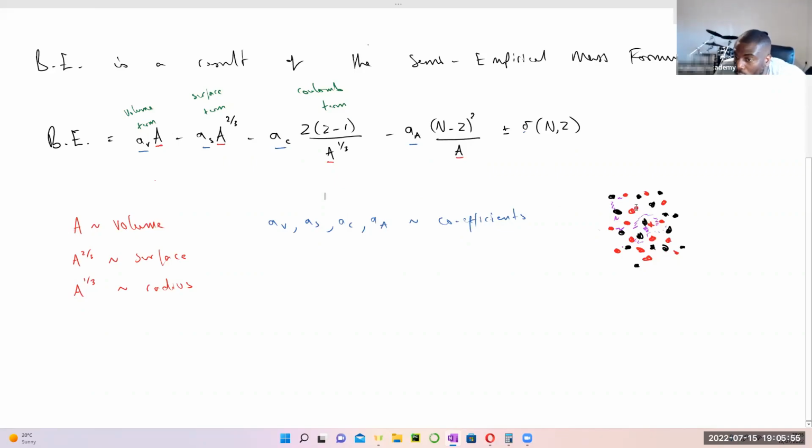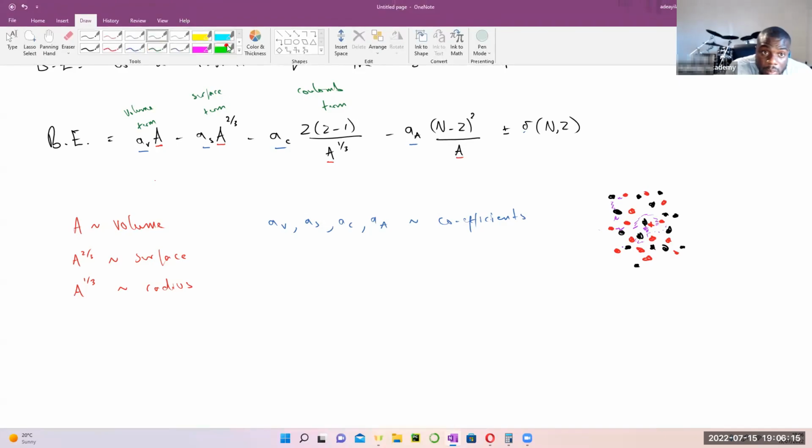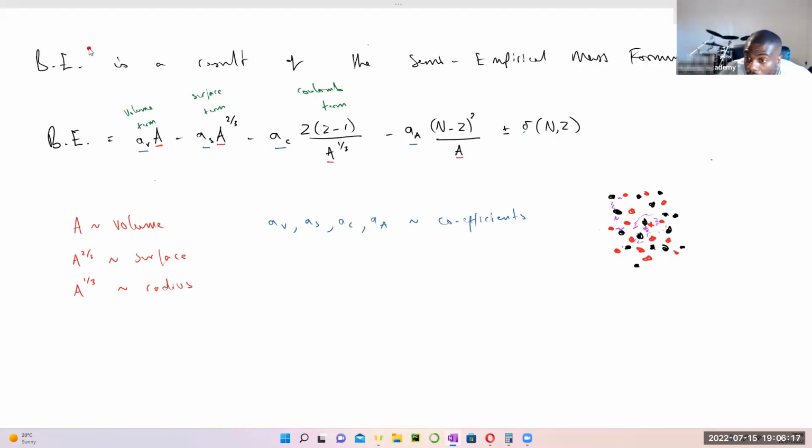Every single proton is repelling another proton along a line, right? So even though they are bound by strong nuclear force, it doesn't matter the distance. This proton on the outside, for example, is going to be repelling this proton on the inside.